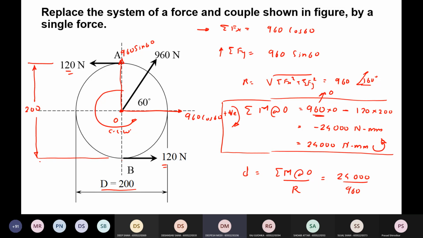So why did we divide 24,000 by 960? See, moment is what? Force into perpendicular distance, right?